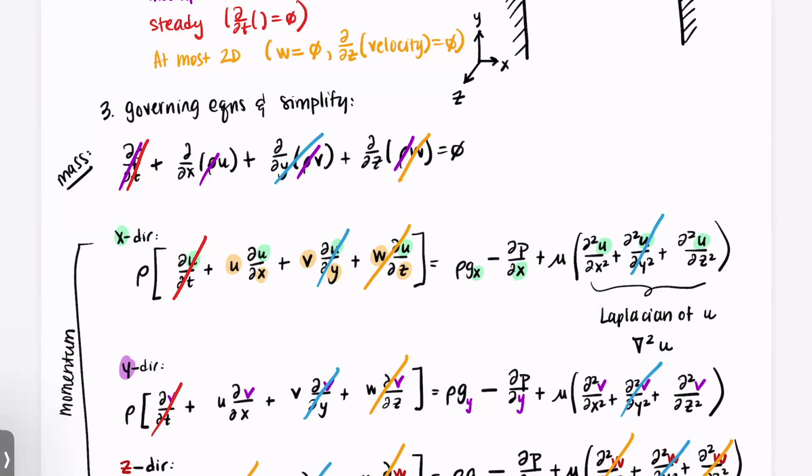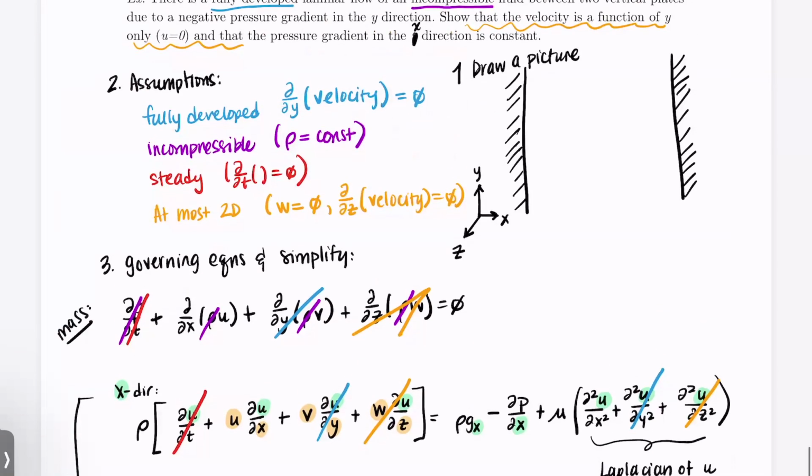Good. Okay. So we took care of the W component of velocity. So Z component of velocity is 0. Now we're going to get rid of all of the Z derivatives with respect to velocity. So we can get rid of this, this and this. And that might be all of them.